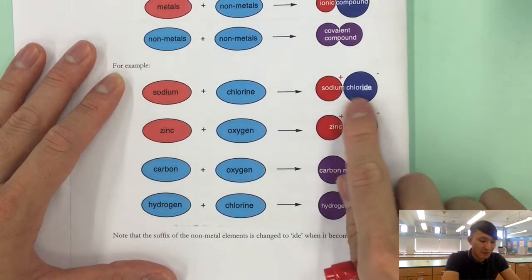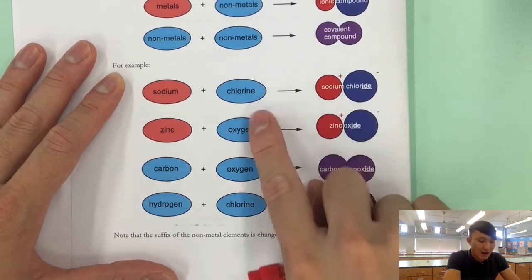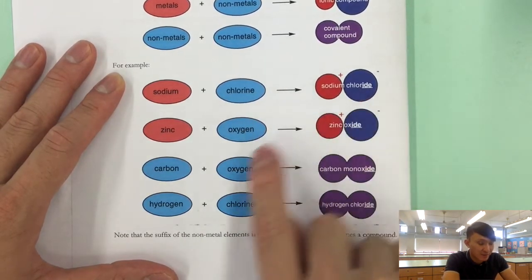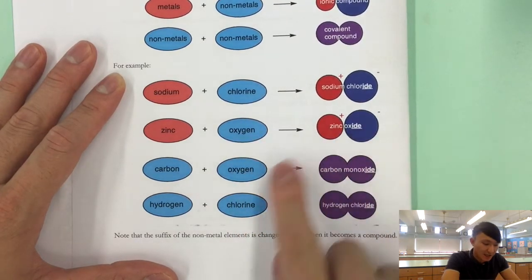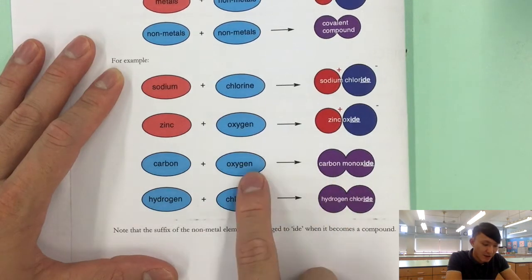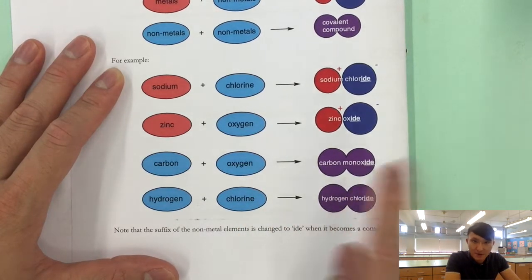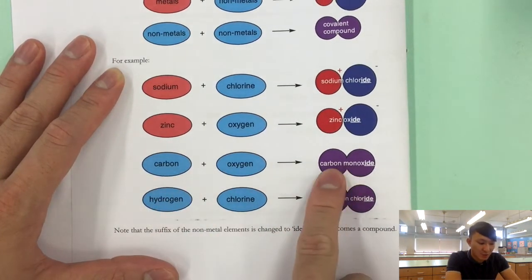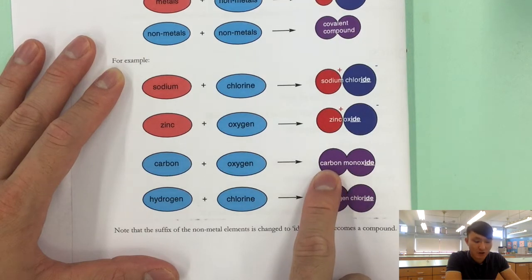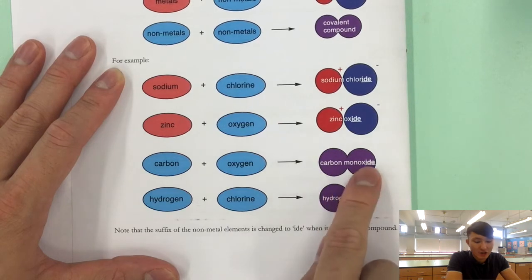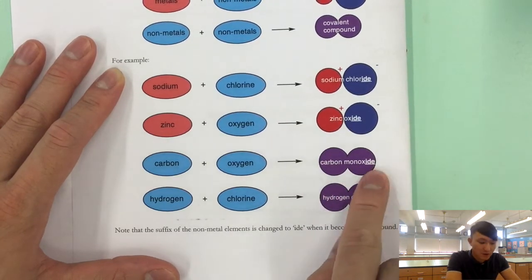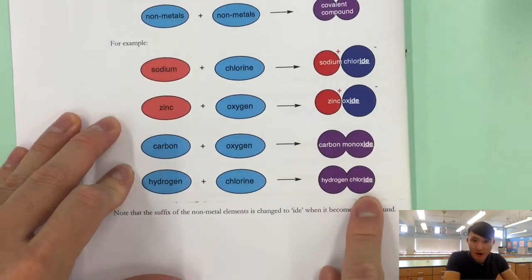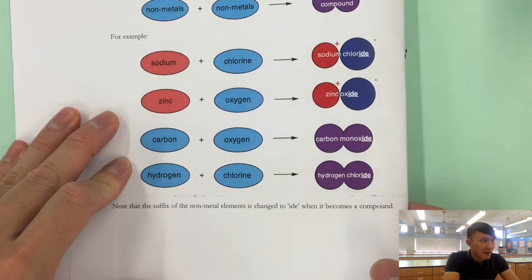So in sodium chloride, chlorine becomes chloride. Oxygen becomes oxide. In carbon monoxide, again, ide. But the carbon, the word at the front, does not change. So you won't have something like carbonide monoxide. We only change the suffix of the last word of the compound. Hydrogen chloride, right?